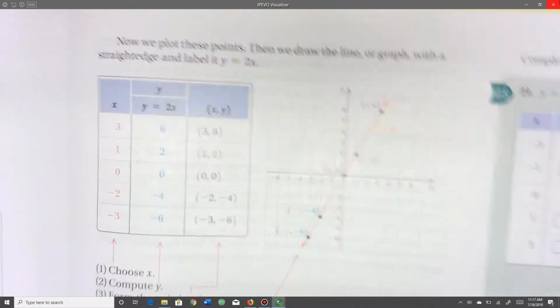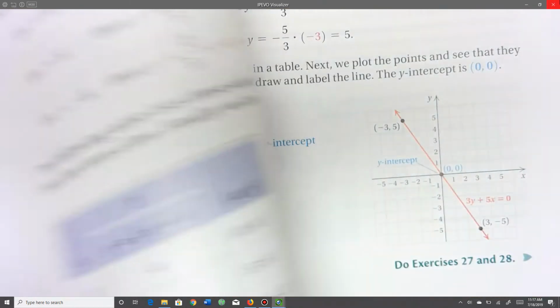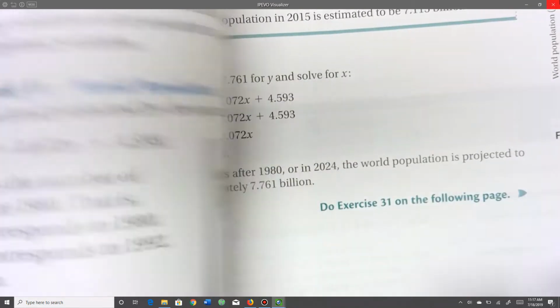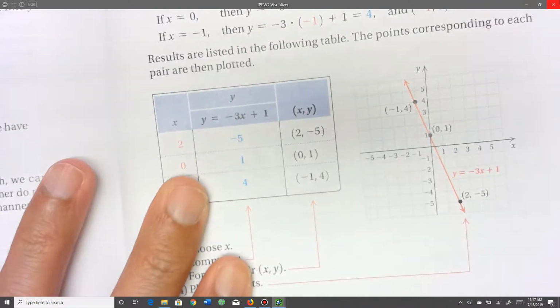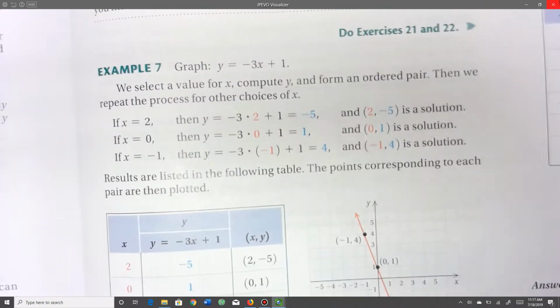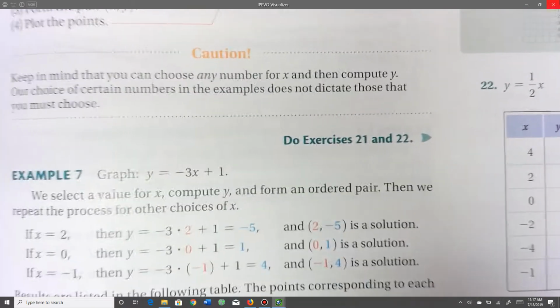All right, let's go to the next example then. Let's see what was that. Okay, well, let's see if we can do the same thing here.